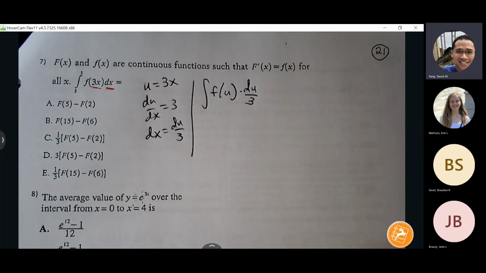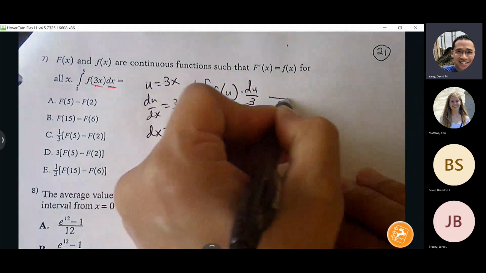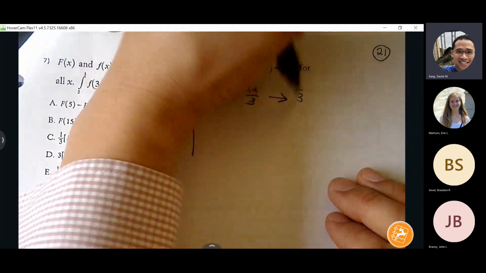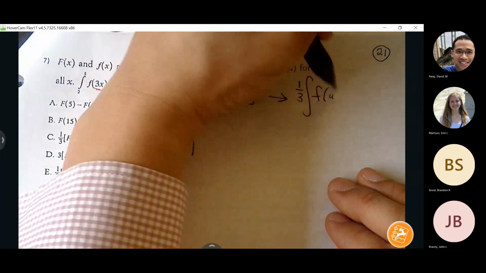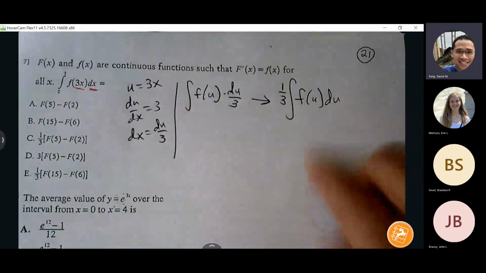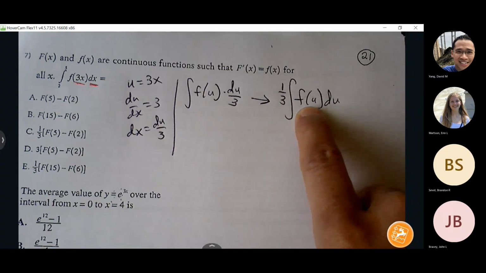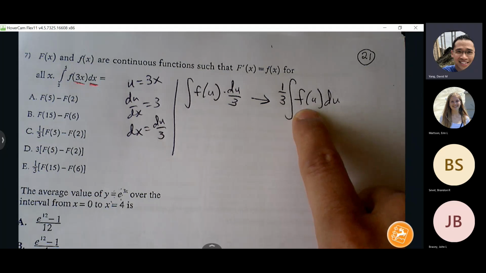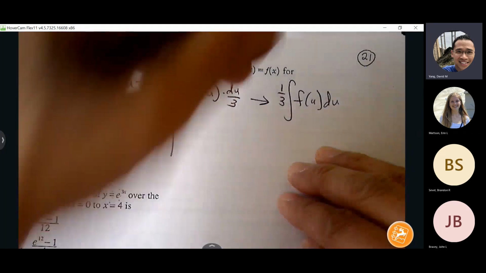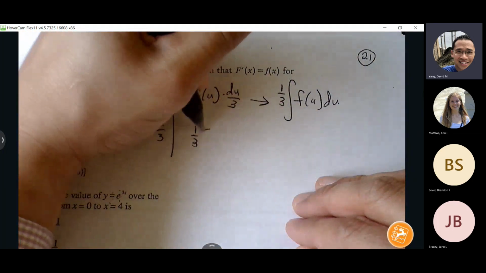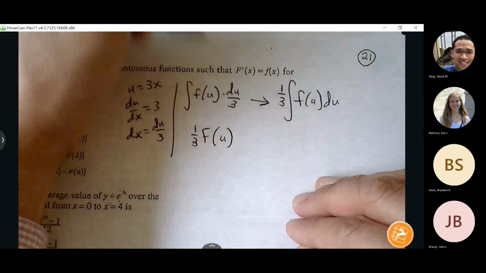I'll deal with that when I clean everything up. So I can pull the 1/3 out in front. F of u du. Okay, so we're ready. This is nice and clean. Lowercase f is going to rise up to what? What's the integral of lowercase f? Uppercase F. So we know it's going to turn into 1/3 uppercase F of u.